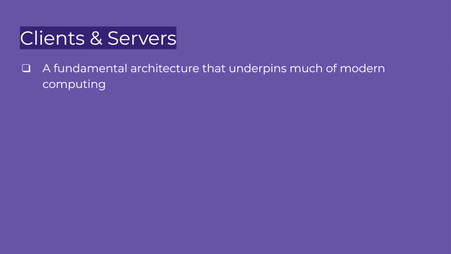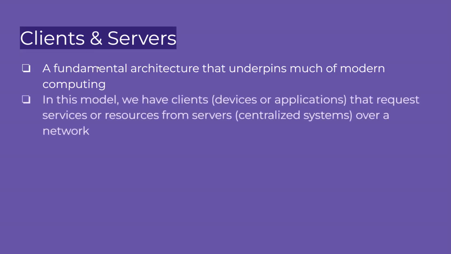The client-server model forms the basis of how devices and applications communicate and share information. It's quite common, a very important concept. In this model, we have clients, which are usually devices, like your smartphone, your tablet, your laptop, even your fridge could be a client, or applications.